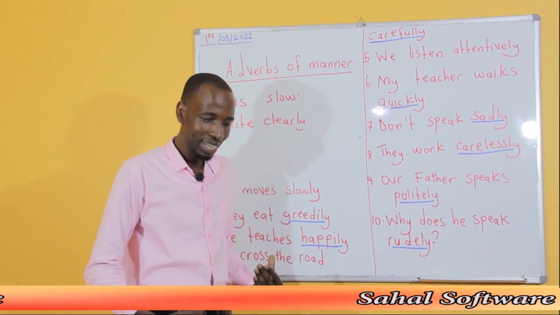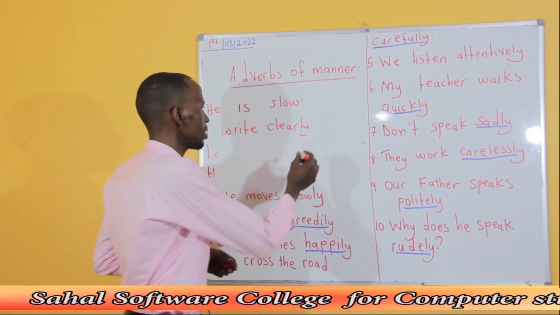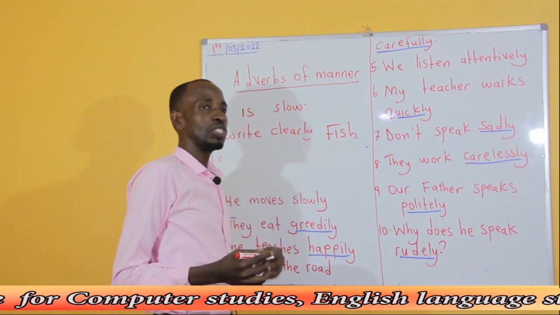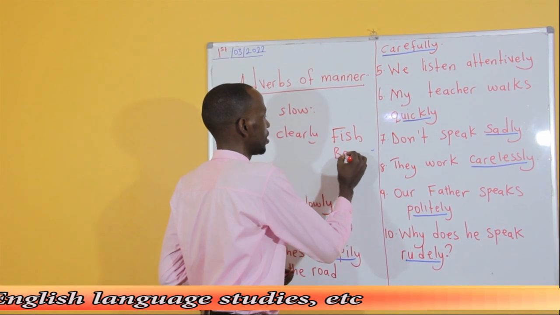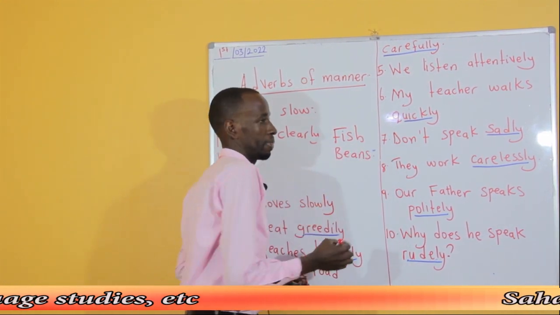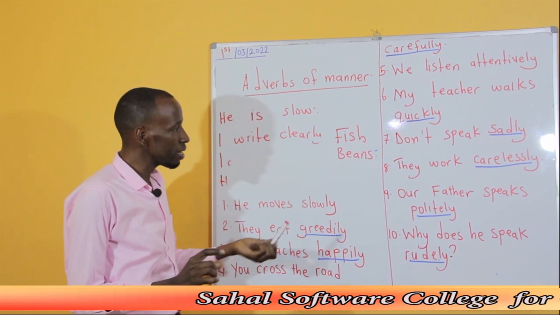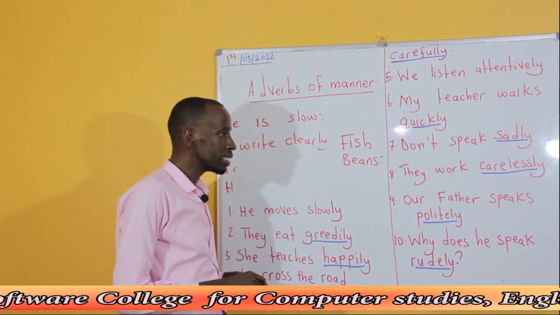Yes. I have my neighbor, she likes fish. But she doesn't like beans. Beans is the local food for Uganda. I think even in your countries you have beans. When she is cooking beans, she is not happy.